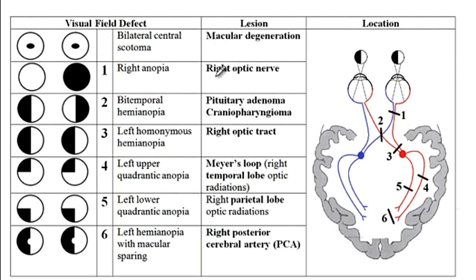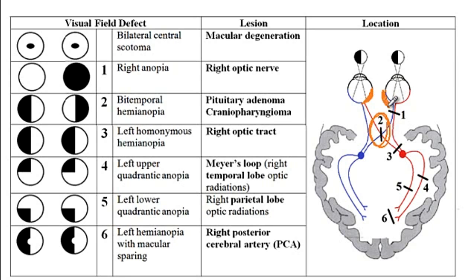If a patient has a lesion of the right optic nerve, it would cause right anopia. And then if a patient has lesion of the optic chiasm, which is caused by, for instance, pituitary adenoma and craniopharyngioma, it will cause impaired visual input from the nasal retina of both right and left eye.